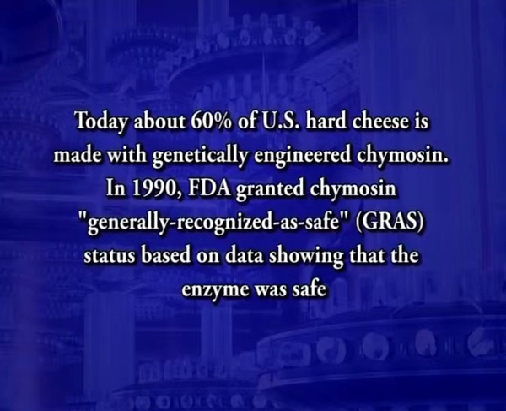Today, about 60% of the US hard cheese is made with genetically engineered chymosin. In 1990, the FDA granted chymosin generally recognized as safe status based on the data showing that the enzyme was safe.